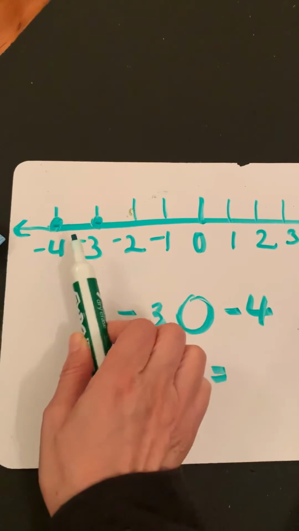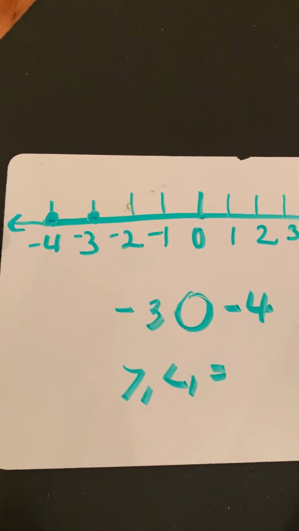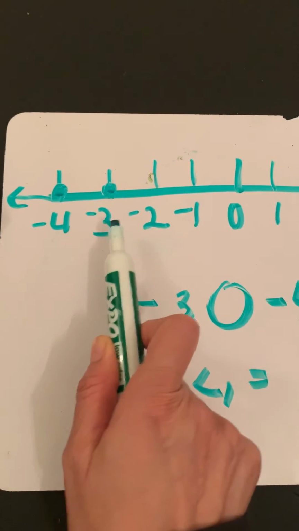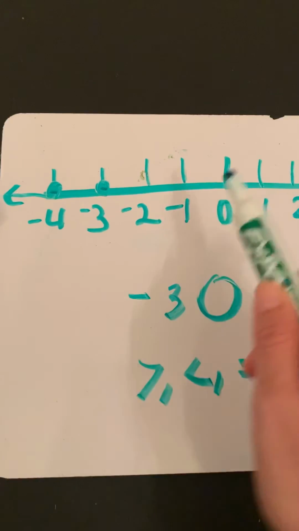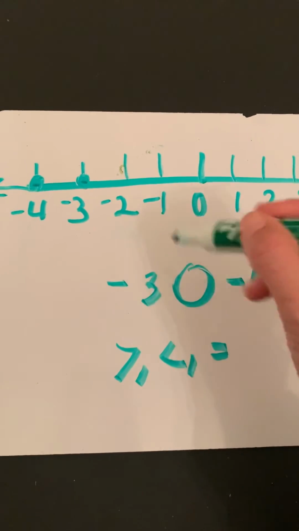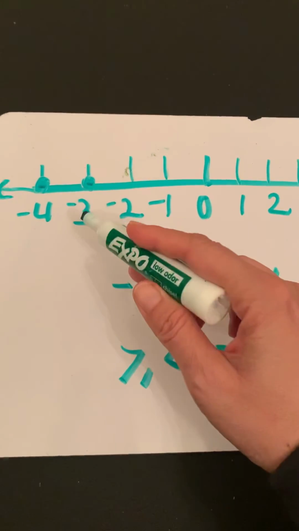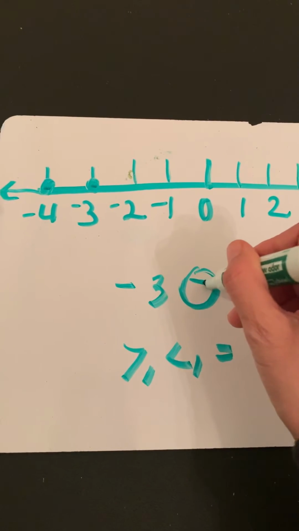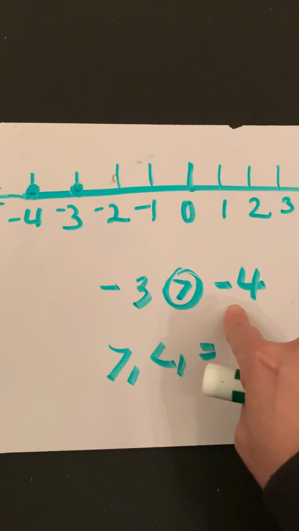The more negative it is, or the further it goes to the left, the less value it has. The closer the number is to 0, the greater it is on the negative side. So in this situation, because -3 is closer to 0, it is greater than -4.